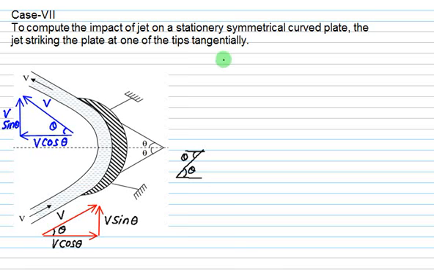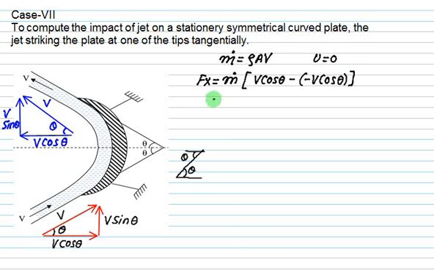Since the plate is fixed, m dot is given simply by rho multiplied by a multiplied by v, because u is equal to 0. If you want to calculate the force along the x direction, you have to consider the momentum balance along the x direction. So this will be m dot, entering value v cos theta, minus leaving value, which is minus v cos theta.